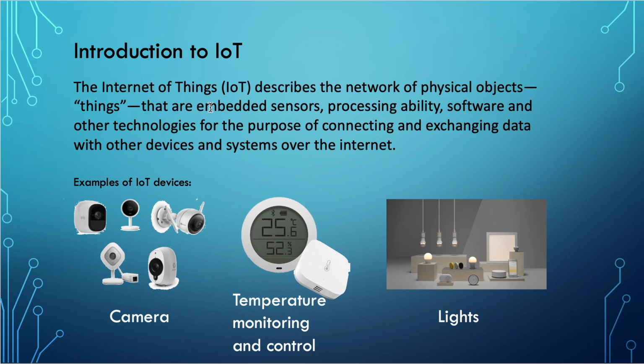They are embedded with sensors and processing abilities and software to run them, of course, and other technologies. It could be actuators and those things as well, right? So what are these embedded systems or embedded devices with sensors and processing systems and so on?